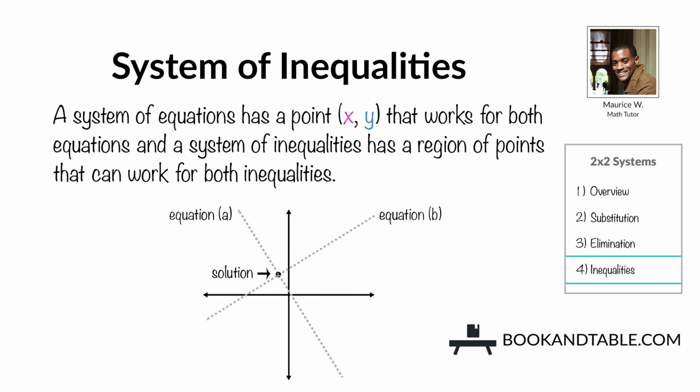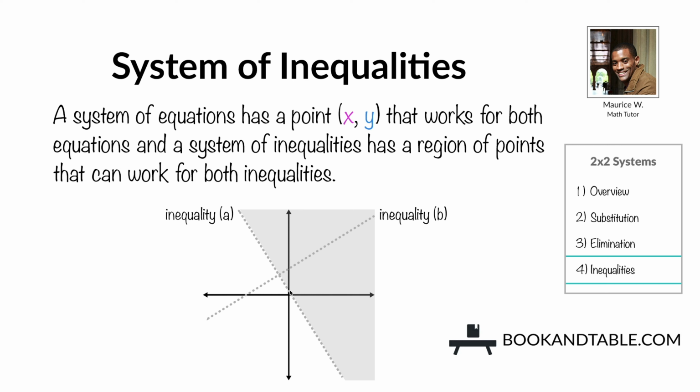A system of inequalities has a region of points that can work for both inequalities. So let's say instead of equation A and equation B, we had inequality A and inequality B. Remember, for inequalities, you have greater than or less than, as well as greater than or equal to, and less than or equal to.